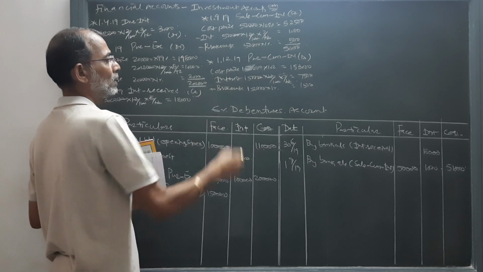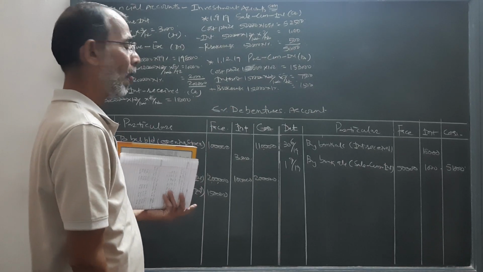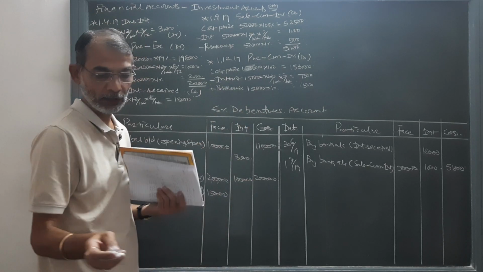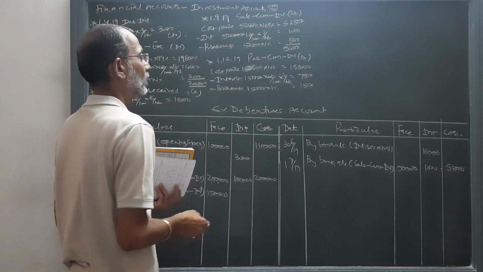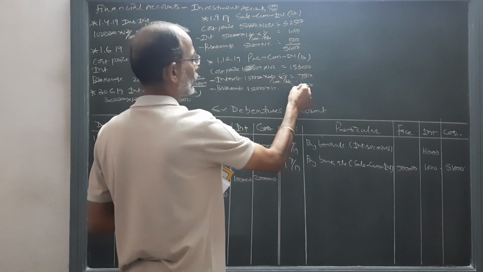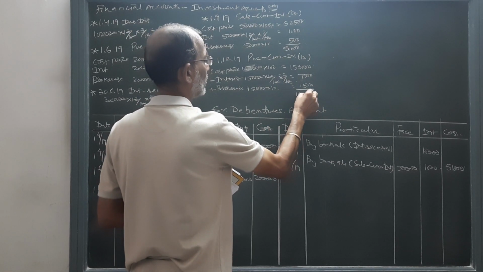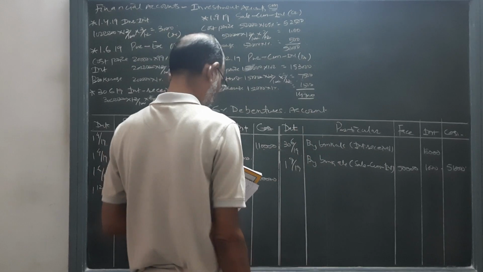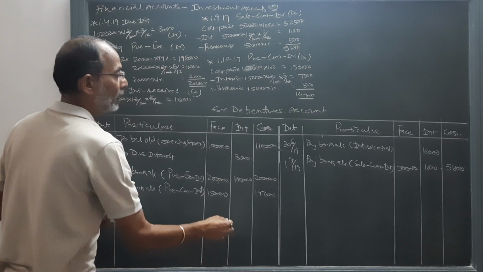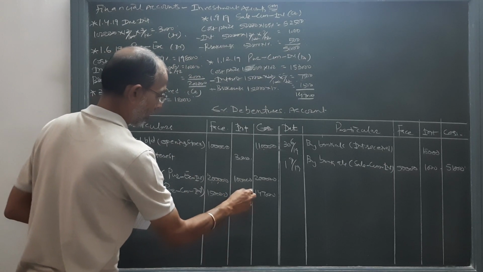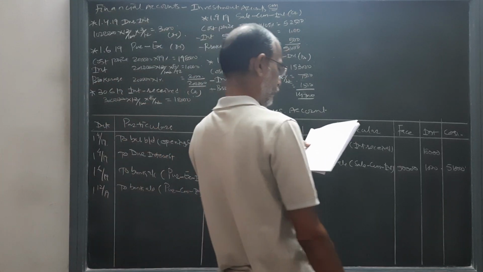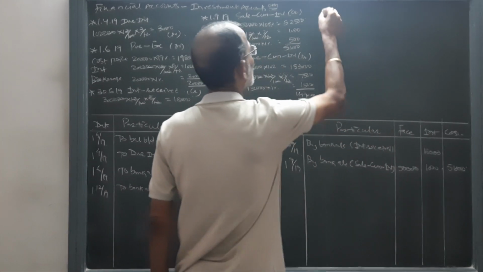Purchase price will come after adding the brokerage and subtracting the interest because it is cum interest purchase. So 7500 minus and 1500 plus, so 6000 is to be subtracted. Cost value comes to 1,47,000. Interest came to 7,500.